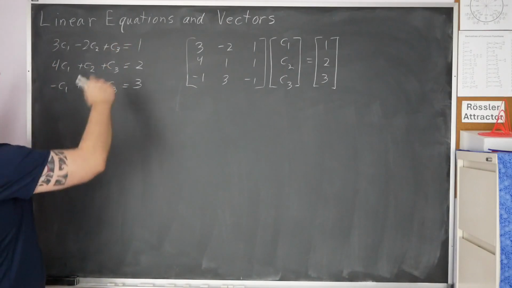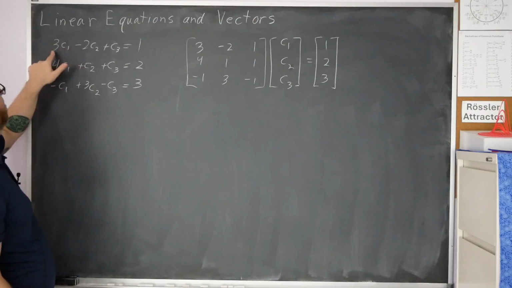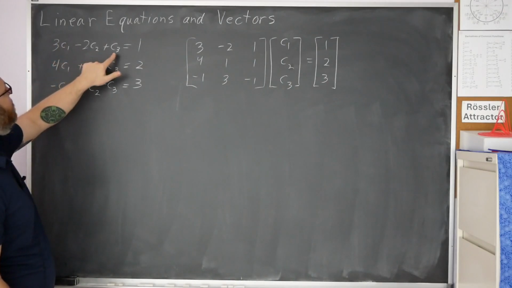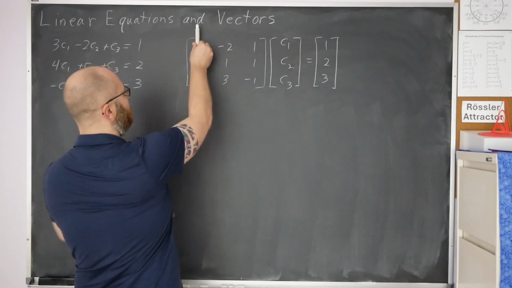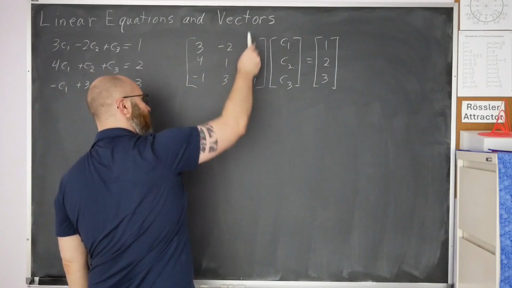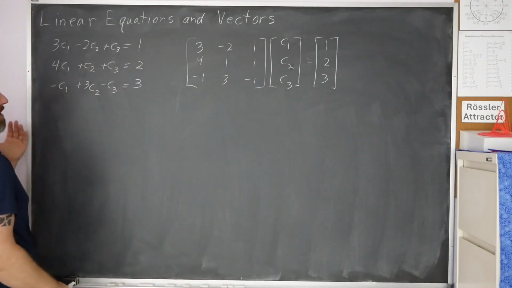So I made this up. We're not going to solve it. All right. 3c1 minus 2c2 plus c3 and so on and so forth. And you can write it like this, where this is a c1 coefficient column, c2 coefficient column, c3 coefficient column. We can also write it as vectors, right?